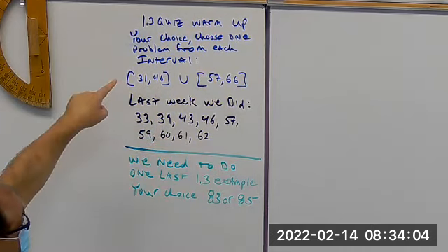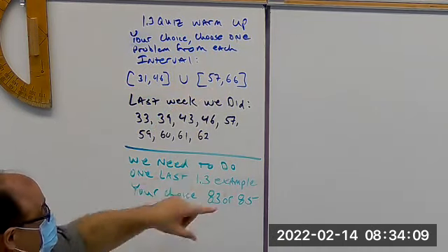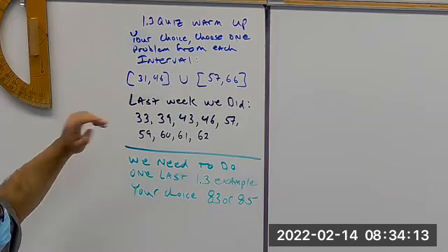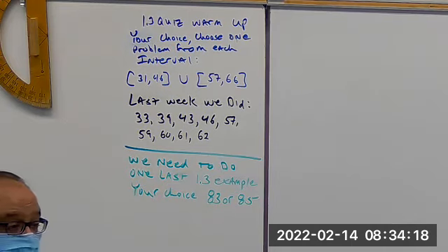So you get to pick one question from this interval as a warm-up and one from that interval. A little reminder, we already did 33, 39, 43, 46, 57, 59, 60, 61, 62.